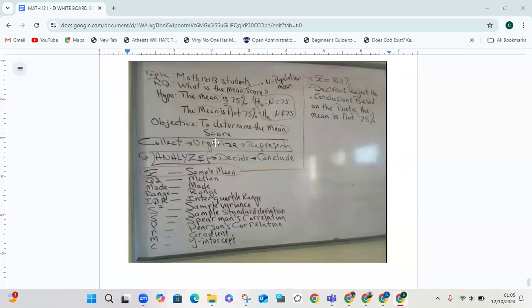Now to do that, you've got to collect data. As soon as you collect data, looking at the data that you have collected, most likely it will be impossible to determine that mean just by looking at the data.